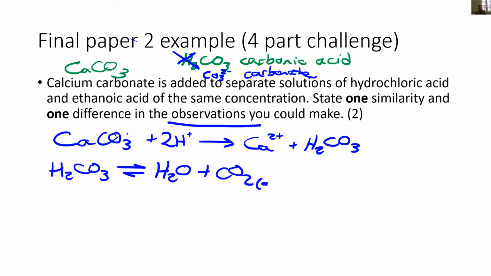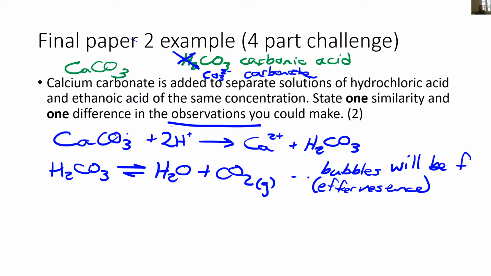This is a gas, therefore bubbles, or they like the term effervescence. You should check that spelling, because Lord knows I spelt that wrong. Bubbles will be produced. You could write it in two different ways.